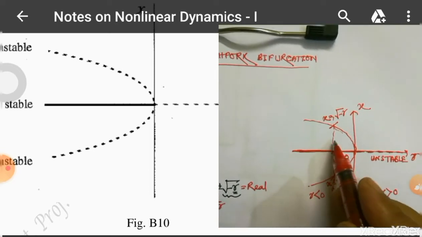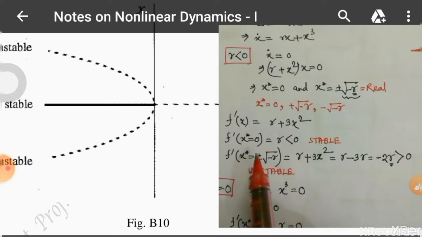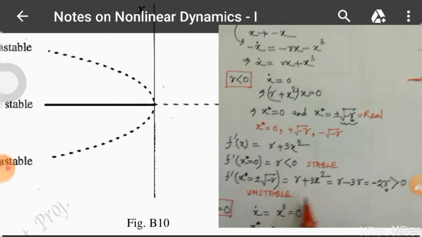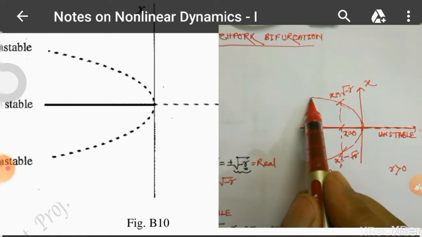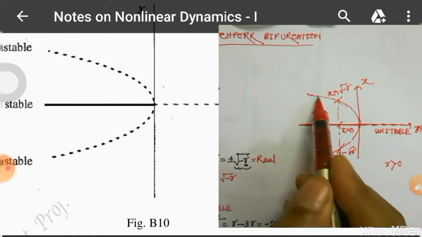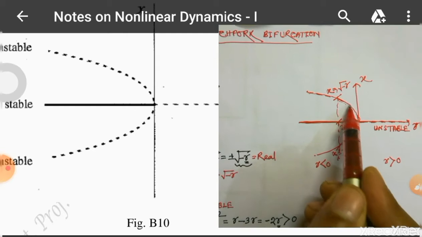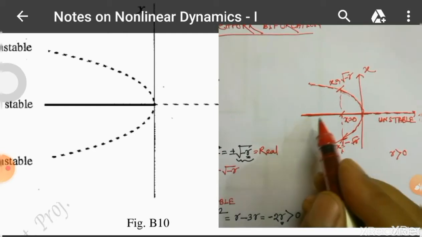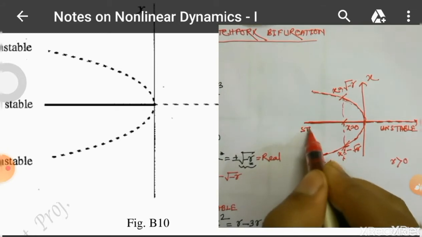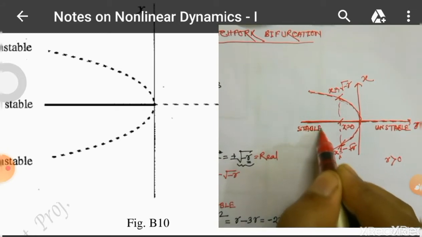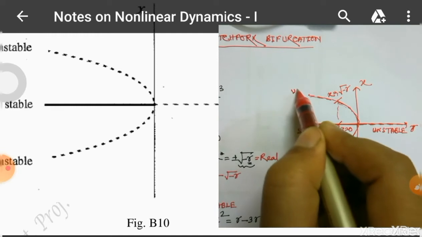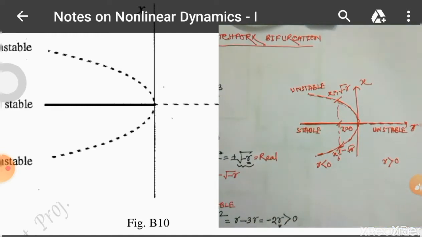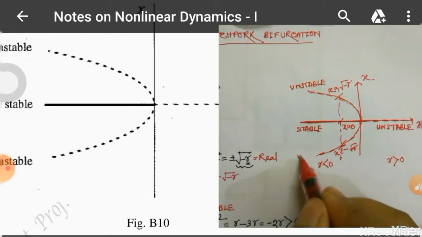You see x equal to 0 is a stable one and the other two are unstable. That is why this line is plotted as a dashed line, which represents unstable fixed points, and this is a solid line, which represents stable fixed points. These are unstable.